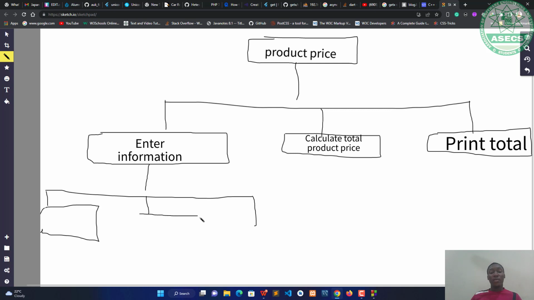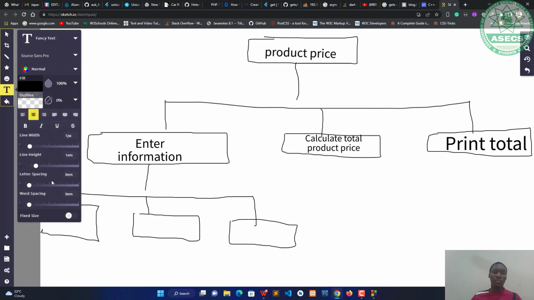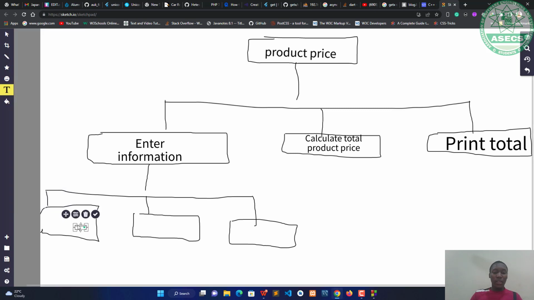Wow. I don't know how to draw, so I'm not good at drawing, but you should bear with me. So now the next thing is what? Read product name.